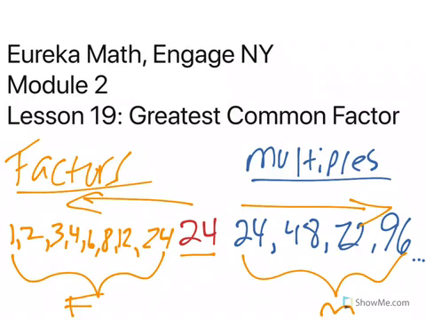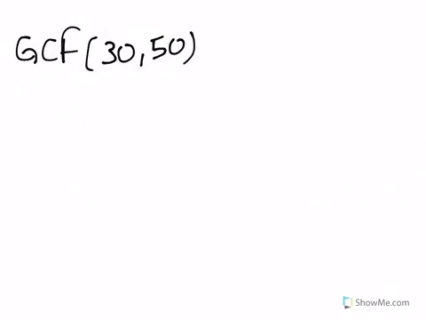So let's take a look at some examples. Okay, if we wanted to find the GCF, which is what it's typically called, greatest common factor of, let's say, 30 and 50. One of the ways we can do that is we can create a factor tree for both. So we'll put 30 over here, we'll put 50 over here.